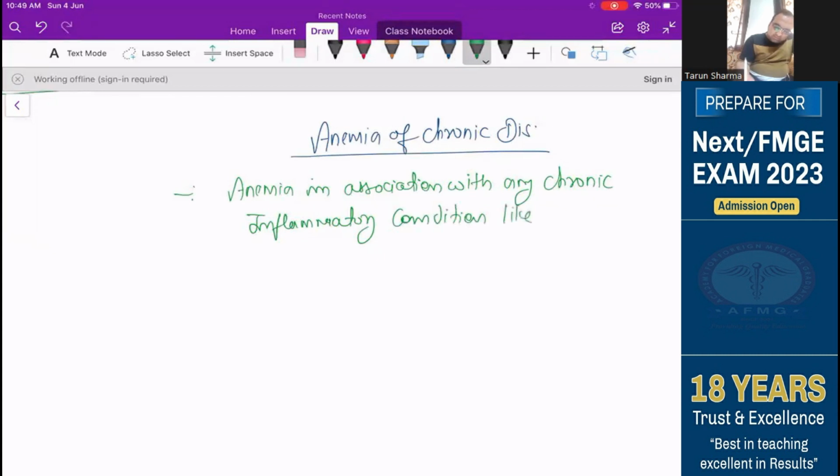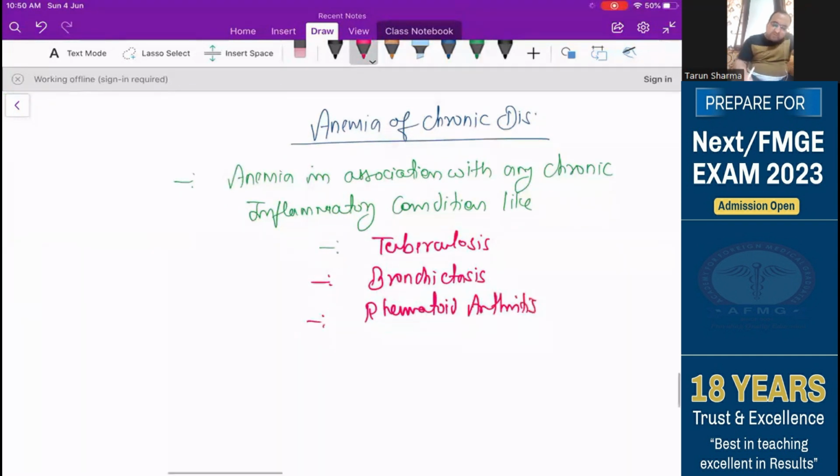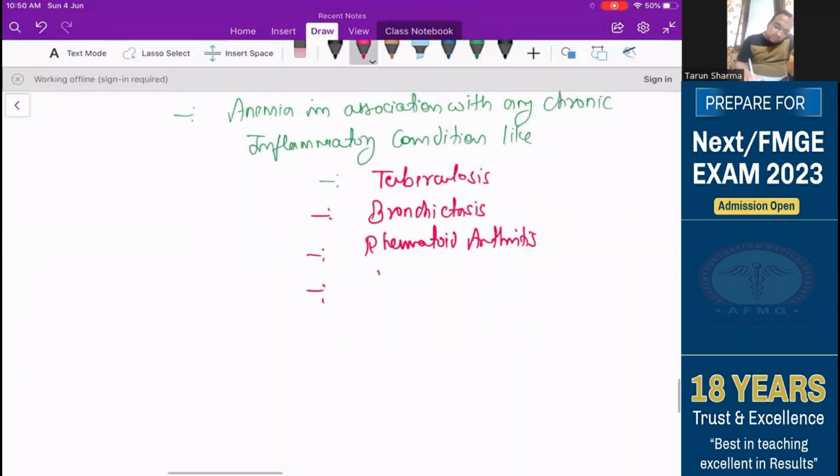Like the patient can have tuberculosis, which is also a chronic infective condition, bronchiectasis, rheumatoid arthritis, even some cancers.